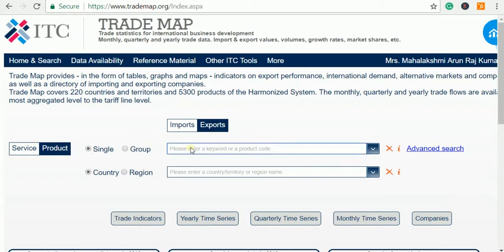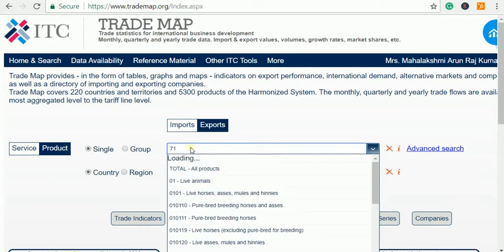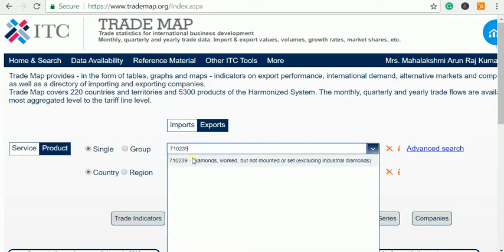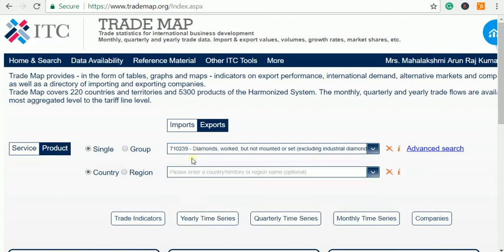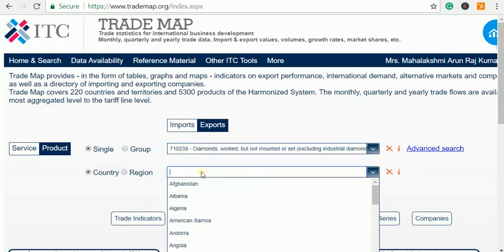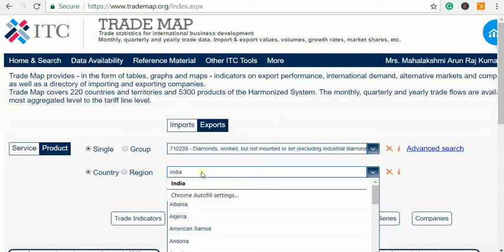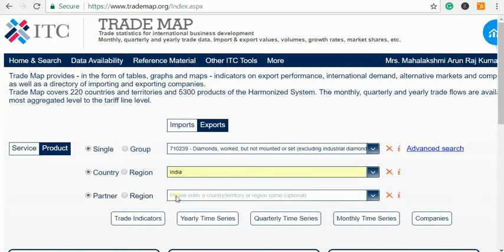The HS code is 710239. And for the country, choose India. Click on yearly time series.